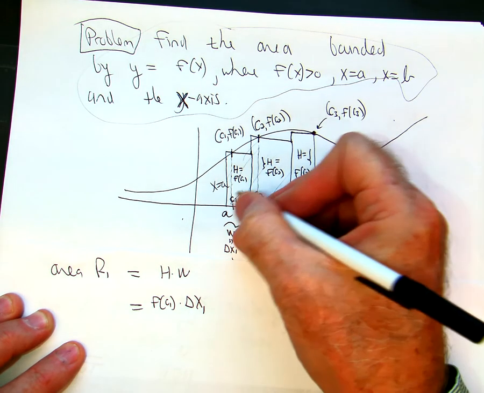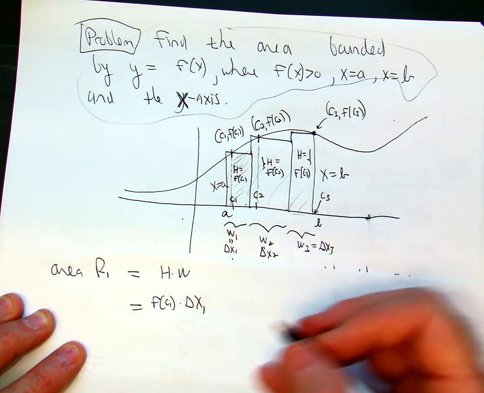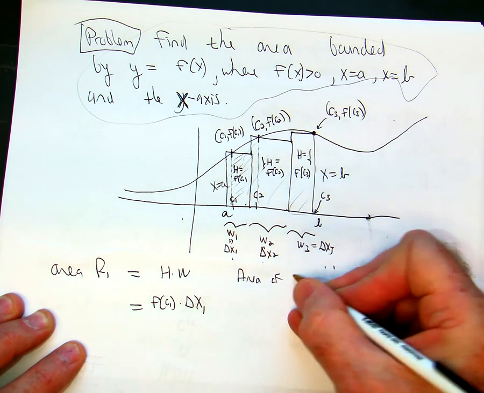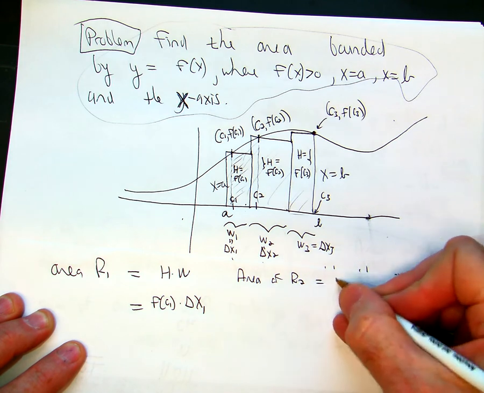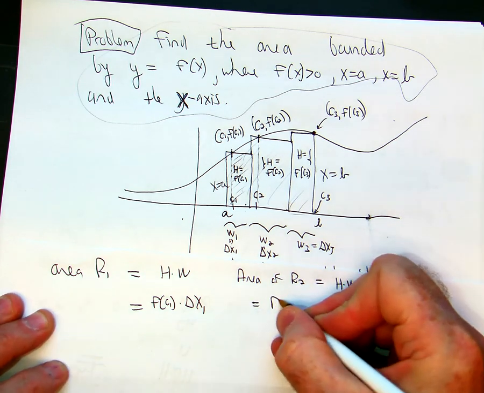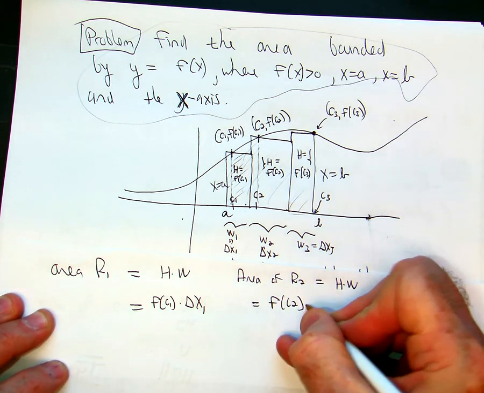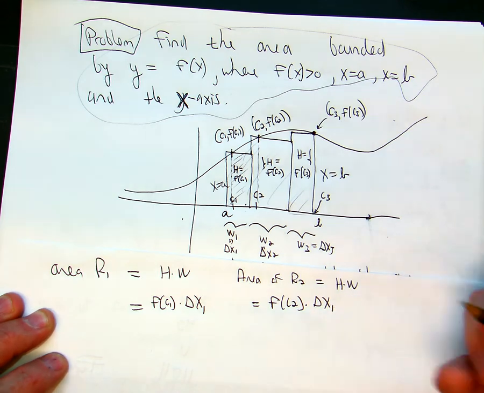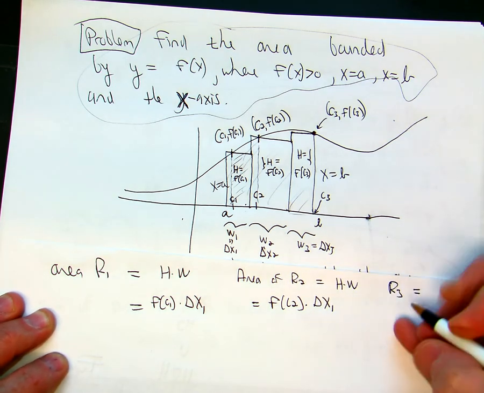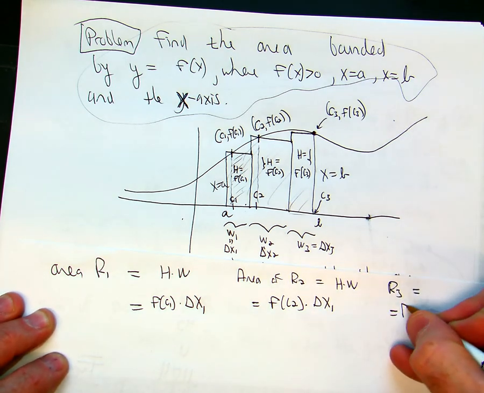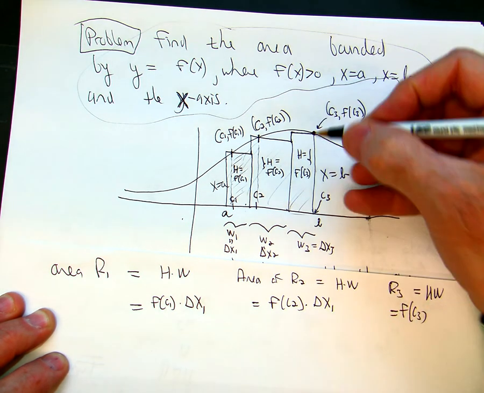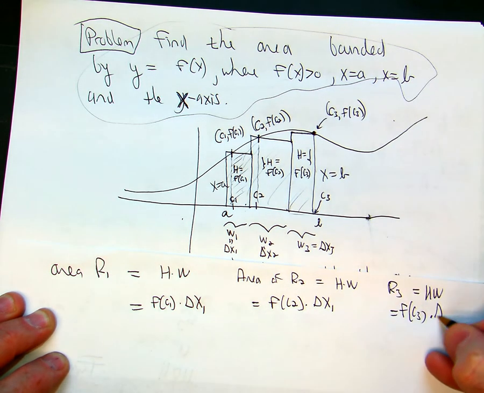That's this rectangle right here. Now the area of R2 is the height times the width, and that's f of C2 times delta x2. And then R3 area, I'm running out of space, is the height, f of C3, this height right here, times delta x3.